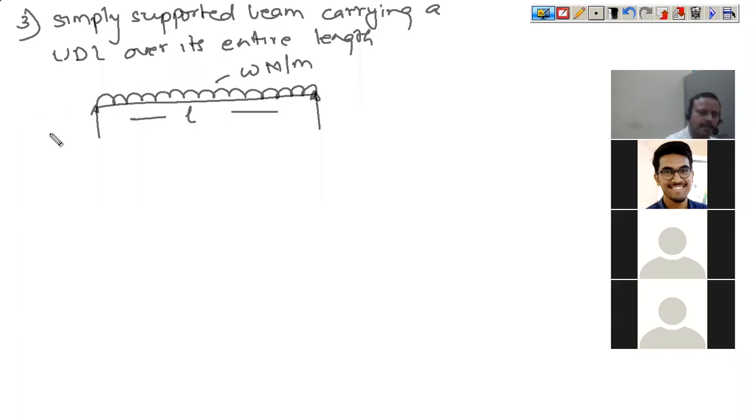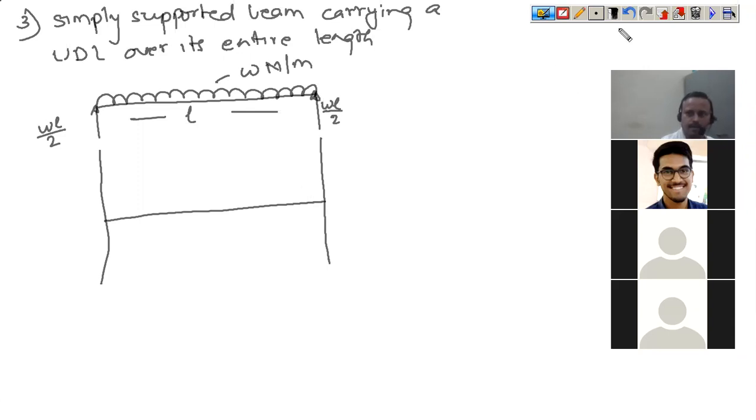So the reactions here will be wL by 2 and wL by 2 because the total load will be w into L, it will be divided equally into the two supporting members. Now if you draw the shear force diagram, so this is wL by 2 and this is minus wL by 2.